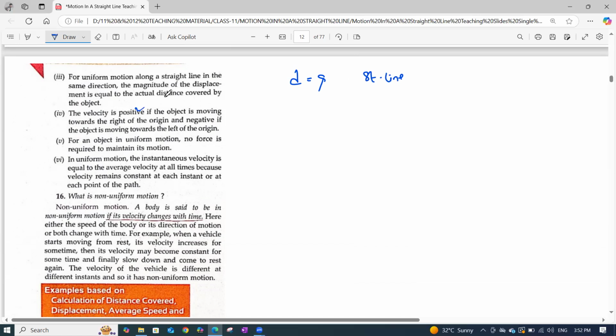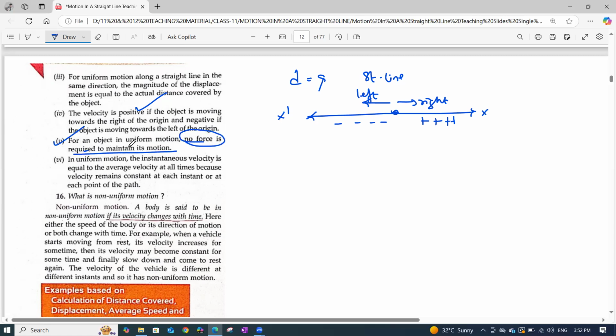Velocity is positive if the object is moving towards the right. Consider this graph with the x-axis and the x dash axis. If a body is traveling towards the right, we take it as positive. If the body is traveling towards the left, that displacement we take as negative. For an object in uniform motion, no force is required to maintain the motion because the motion is already uniform. It is not increasing in speed, not increasing in velocity, so no extra force is required.